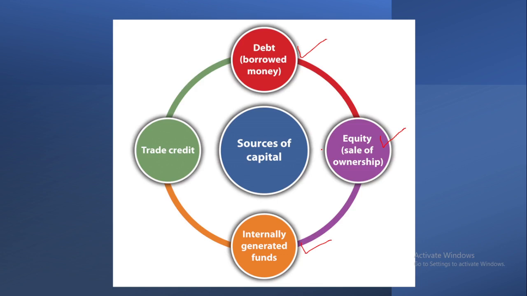We call it internally generated funds, or retained profit capital. It's the profit that you did not take as part of the share, and you say, I'm going to reinvest it into the business. The profit is still yours, but now you are reinvesting it into the business.